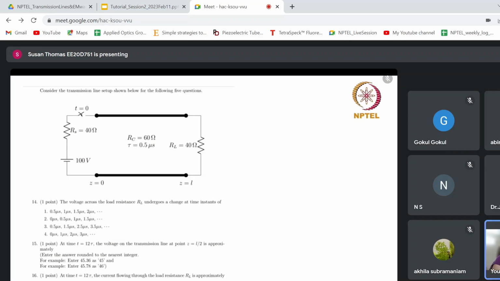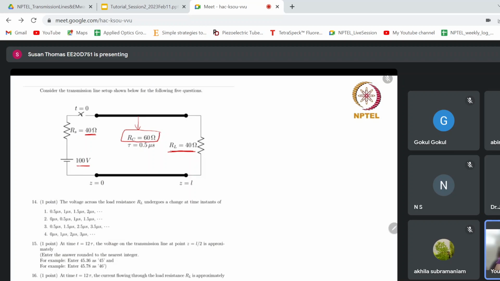As you can see here, there is a 100-volt source, and there is a source resistance of 40 ohm, and at time t equal to 0 the switch is being closed, and this is our characteristic resistance of this particular transmission line. And to this line there is a load which is connected, which is 40 ohm.